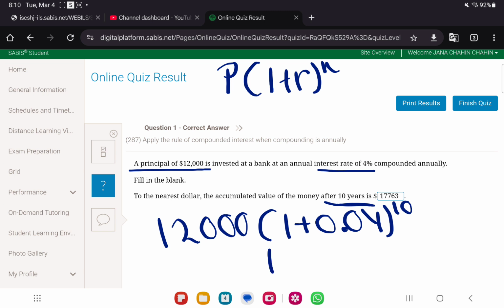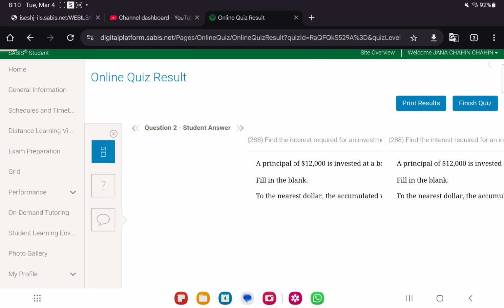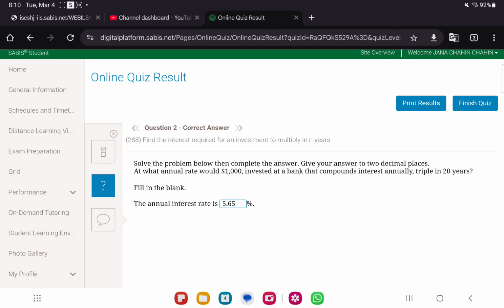You get 17762.9. They want it to the nearest dollar, so it's 17,763.